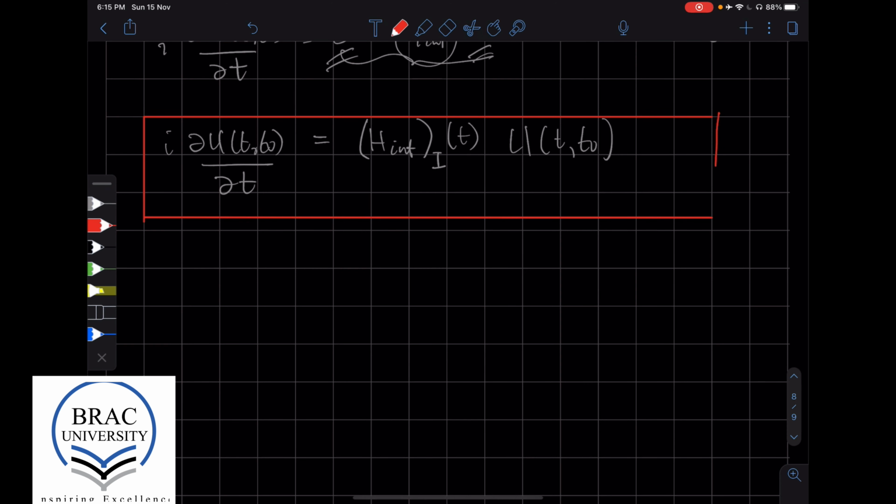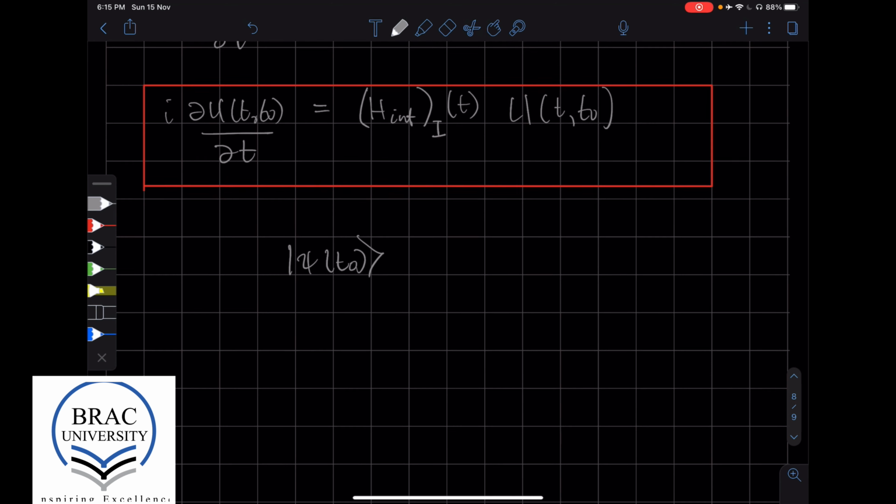Here we are just writing it in terms of the time evolution operator, but of course we can apply it to some state, say psi at time 0.